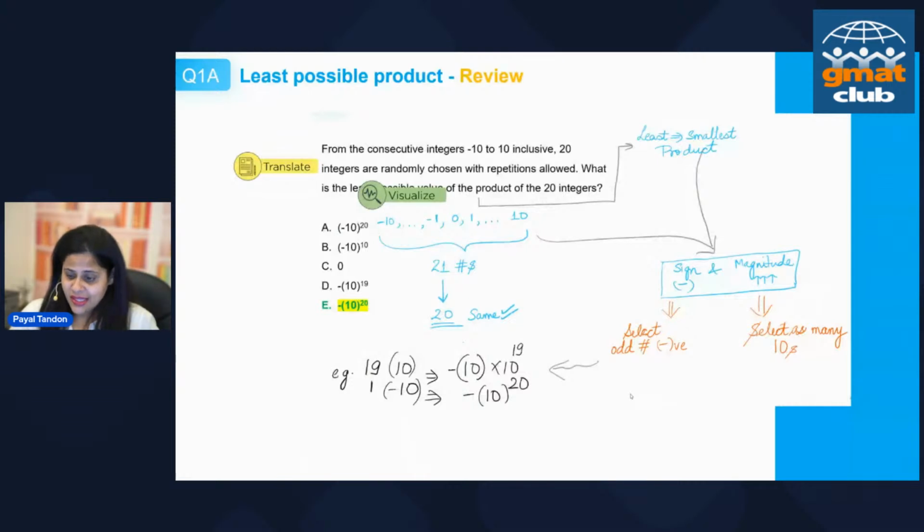Okay. So in this question, for those of you who answered it incorrectly, I want you to understand where it is that you faltered. Did you falter from translation standpoint? The faltering point with translation could have been that you didn't read that repetitions is allowed. That could have been a possible thing. Or did you falter from the standpoint of not being able to visualize what the numbers are, or you weren't able to infer what the implication is from the question statement?